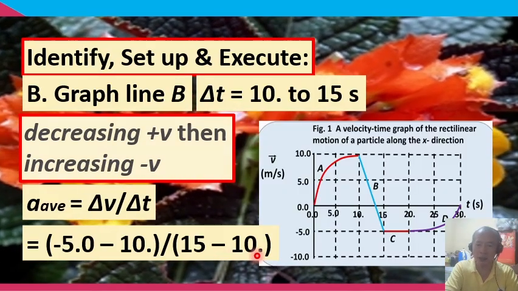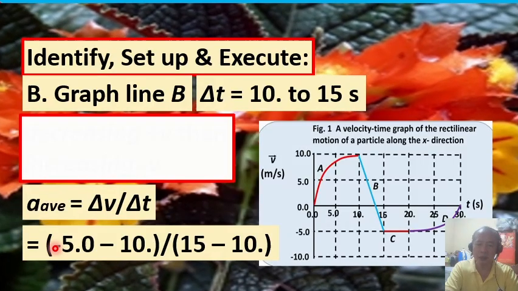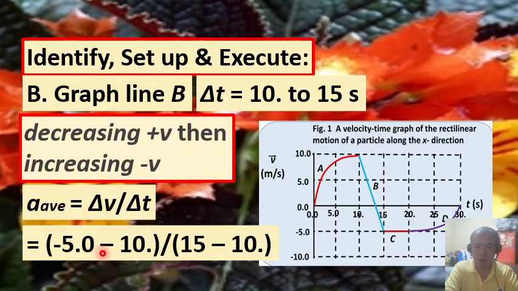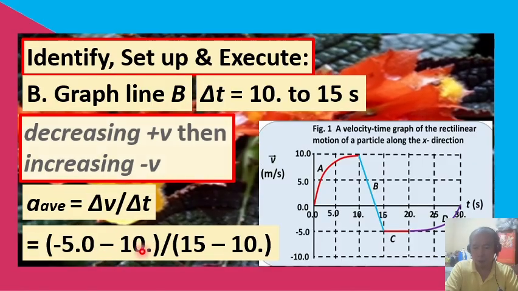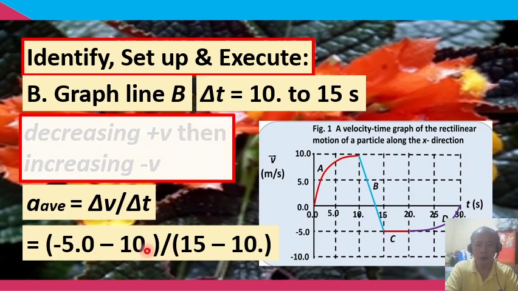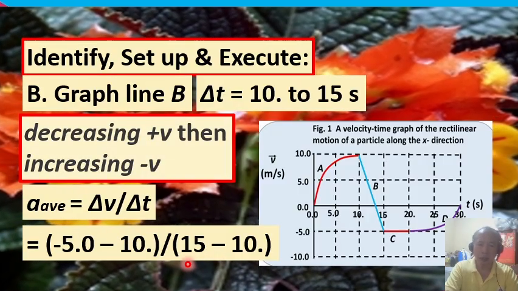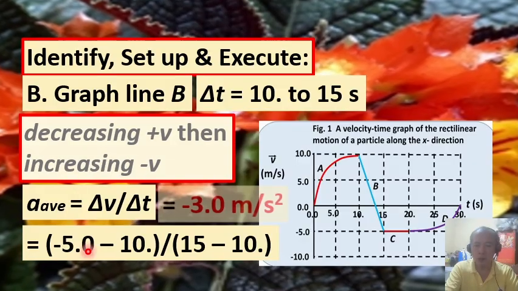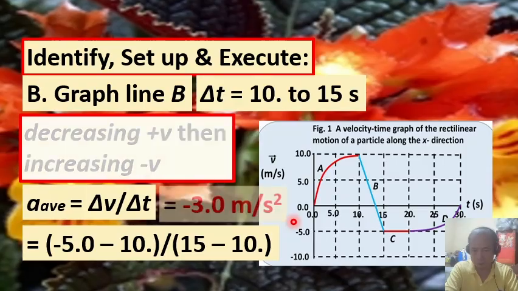The corresponding change in the velocity or delta V is negative 5.0. That's the final velocity minus 10 meters per second. That's the initial velocity, right? So if we divide this delta V by the corresponding delta T, we get the amount of the acceleration equal to negative 3.0 meters per second squared.